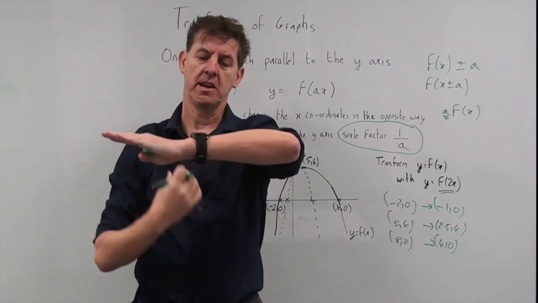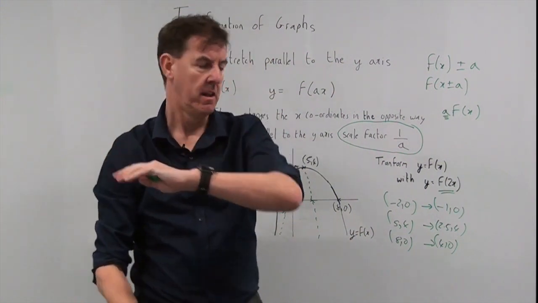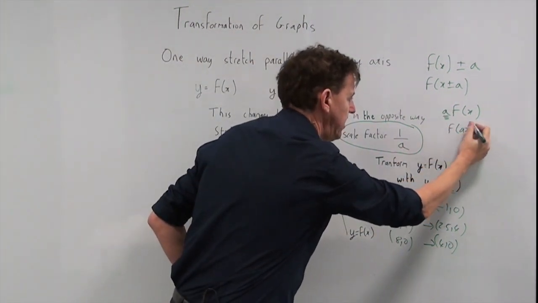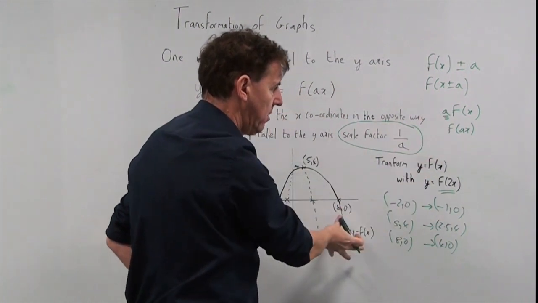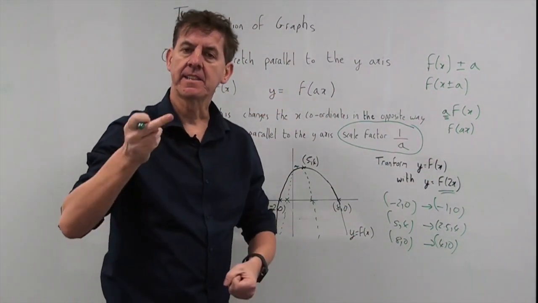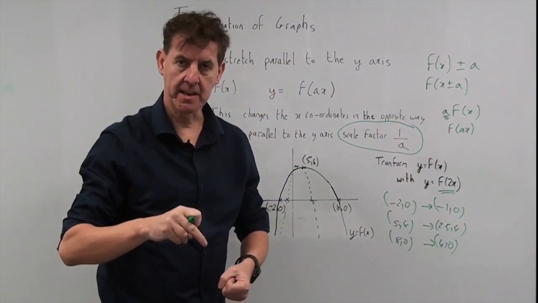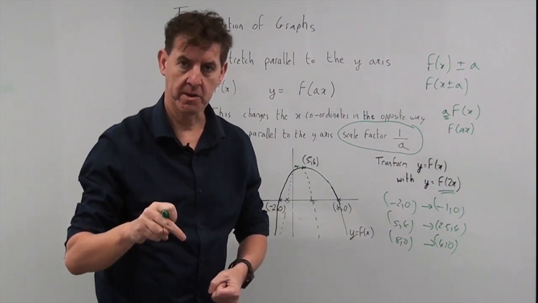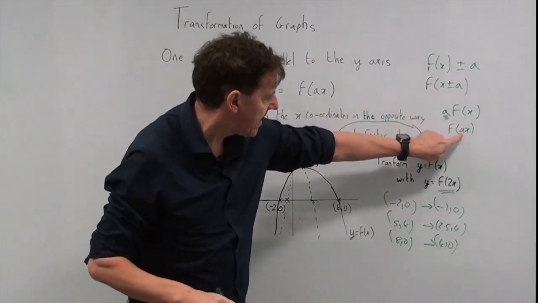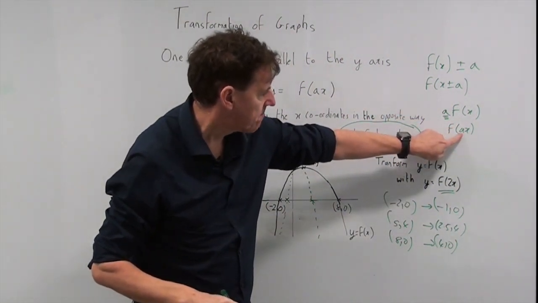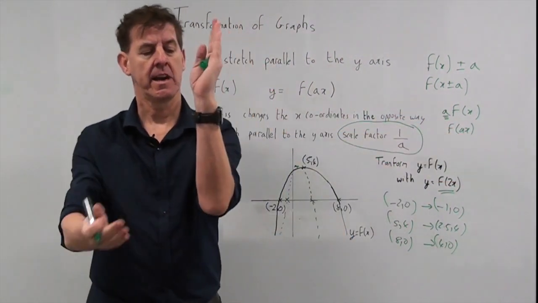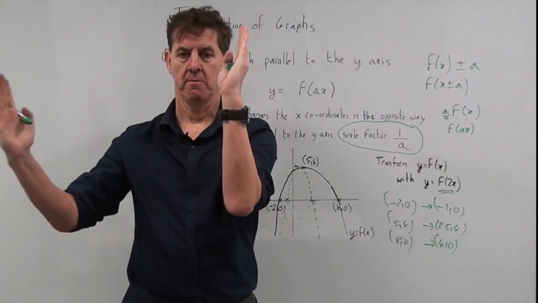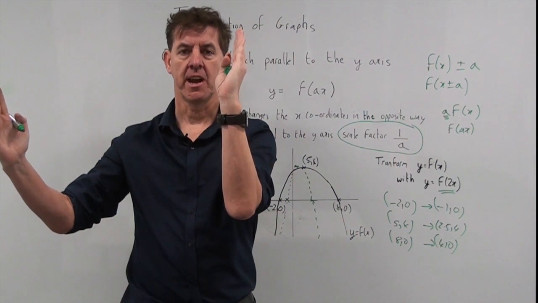Or if it was underneath, stretching it down like that. Suddenly, if I put the number on the inside of the function, like we've just done here, it affects the x coordinate because it's on the inside, and it affects it in the opposite way to what you expect. So it would divide each of those x coordinates by that number. So what's happening? The y-axis is staying still. We're stretching inwards or stretching outwards.